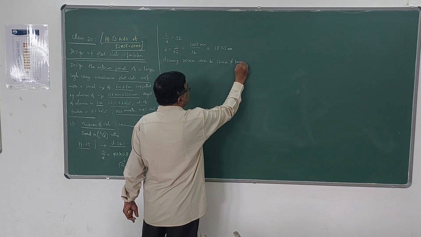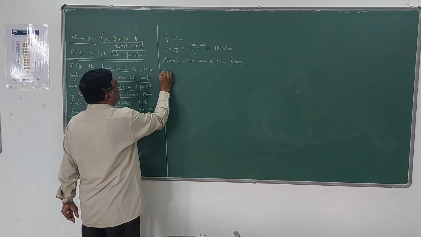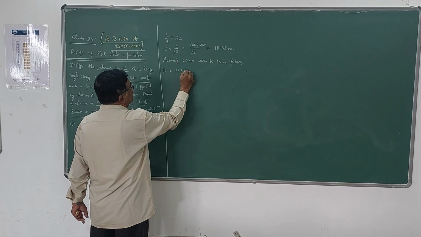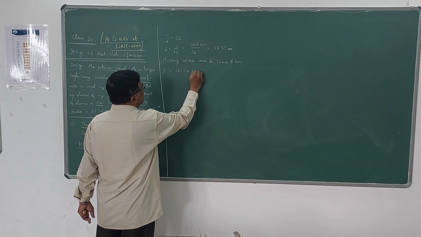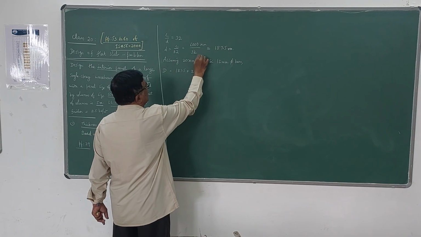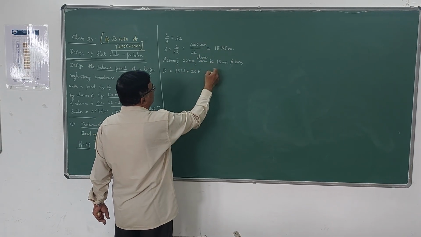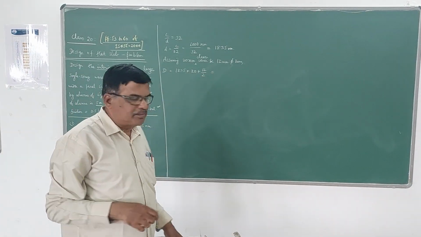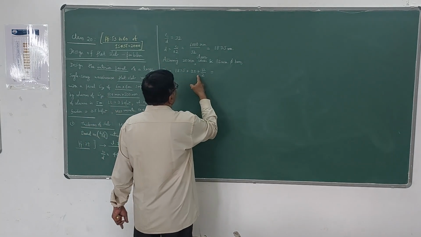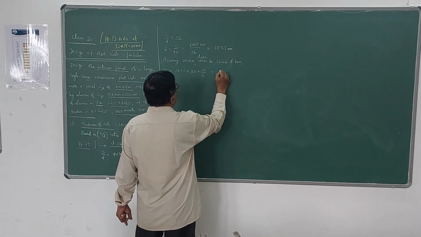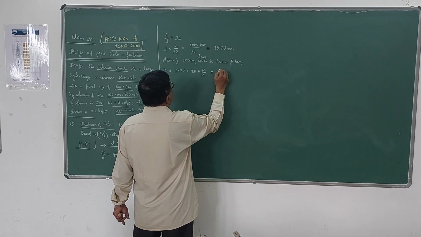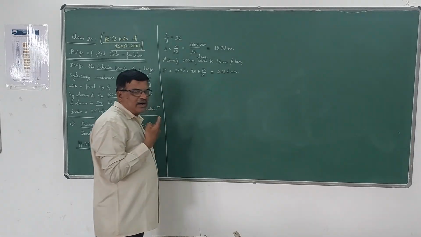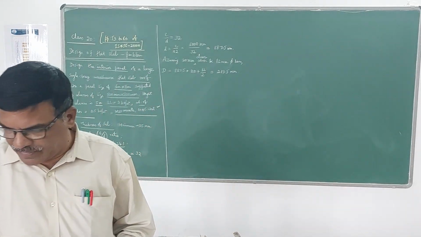So your overall depth capital D becomes small d, that is 187.5 plus 20 clear cover plus half of the diameter, that is 12 divided by 2. This is how we have to calculate the overall depth. So it becomes 213.5 mm.